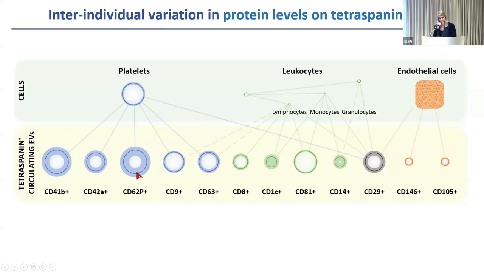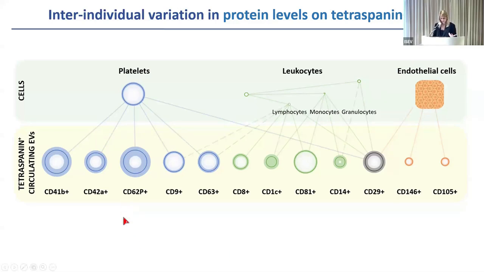And you can already see here that the shading is much thinner. So in this case, the coefficient of variation, so this biological variability, was smaller compared to what we've observed from the previous direct detection of EV subsets in plasma. The median was about 60% compared to 160% before.